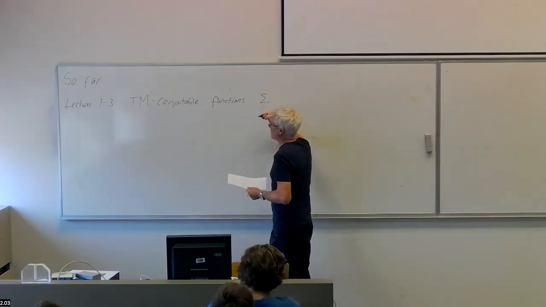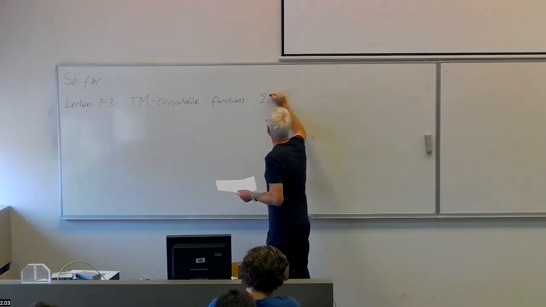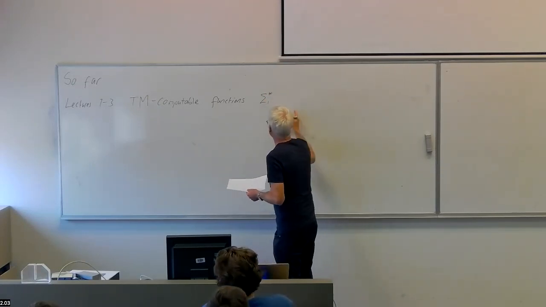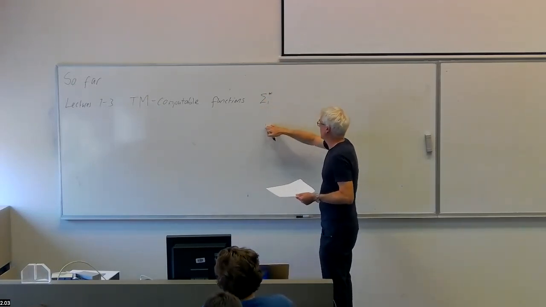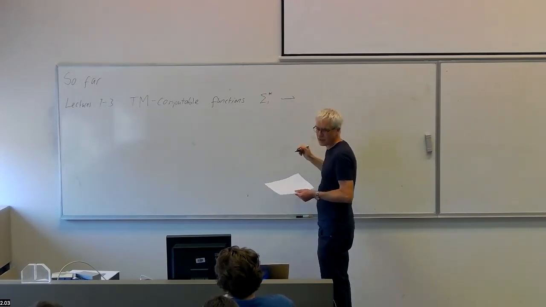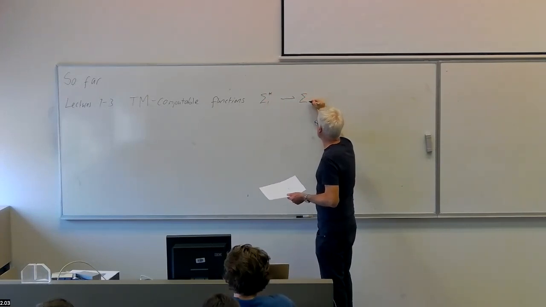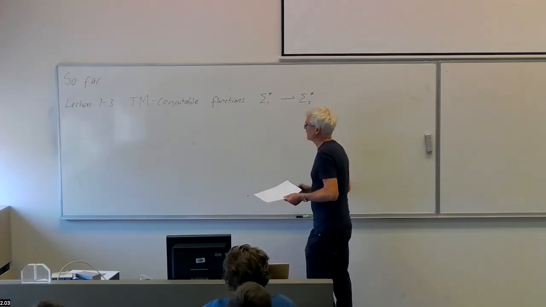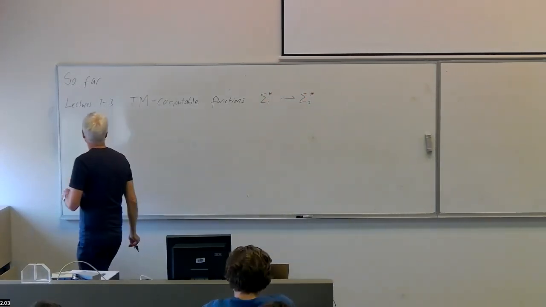At the general level in lecture 3, they were partial functions from words over one alphabet, sigma 1, well, the alphabets are always finite, to words over another alphabet, sigma 2. That was the very general form we had.